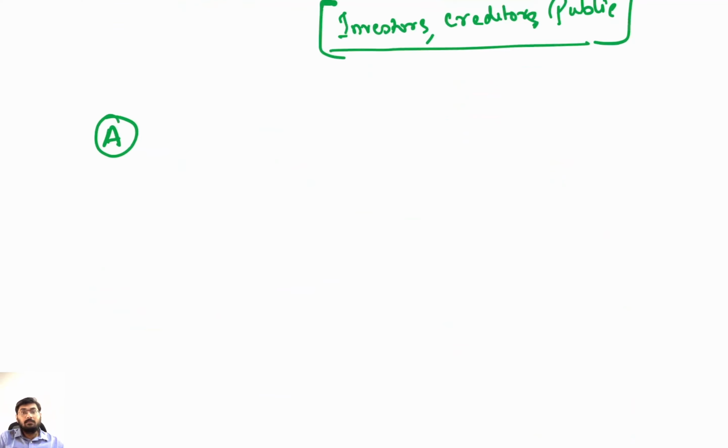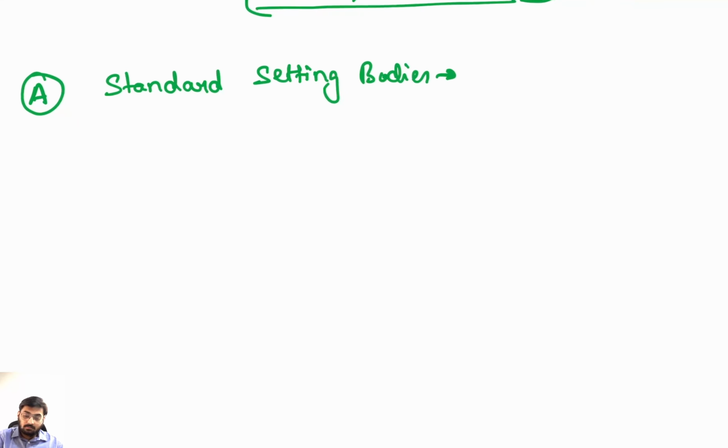Now write down the first point, Point A: Standard setting bodies. Who makes the rules? Write down who makes the rules which everyone is following. Clear?